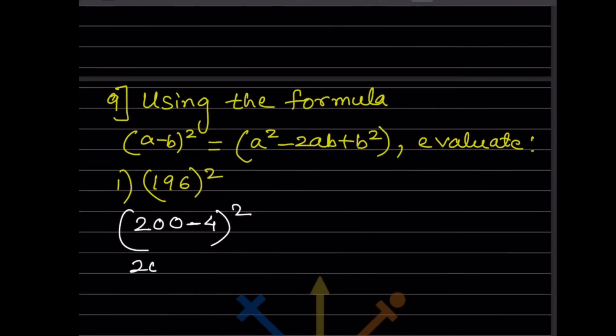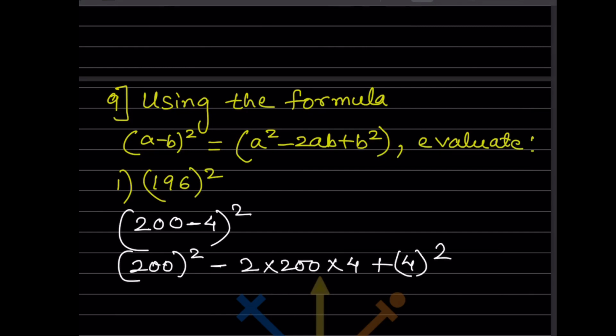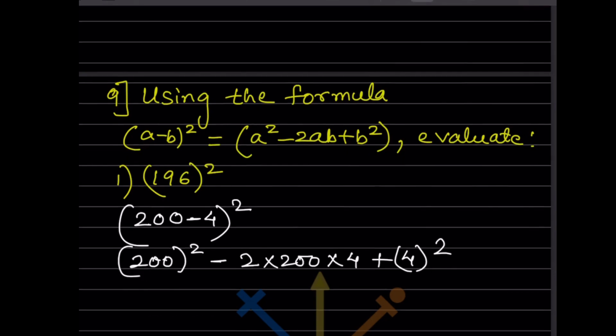So here again you are going to do 200 square. See, here in the formula there is a minus. So minus 2ab. A is 200, b is 4, plus b square. So 200 square is going to be 4 zeros, minus, when you multiply this together, this is going to be 1600, plus here 16.